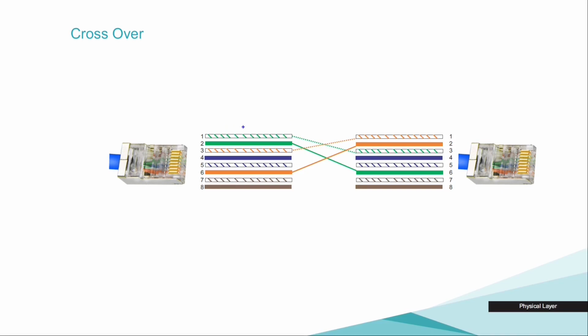In crossover, we are connecting pin 1 to pin 3, pin 2 to pin 6, pin 3 to pin 1, pin 6 to pin 2. Then the rest of the wires will go in the same order at both ends, 8 to 8, 7 to 7, 5 to 5.